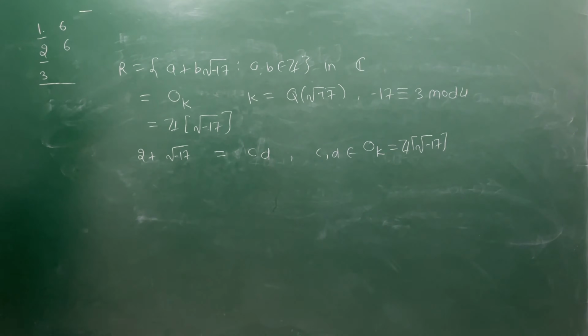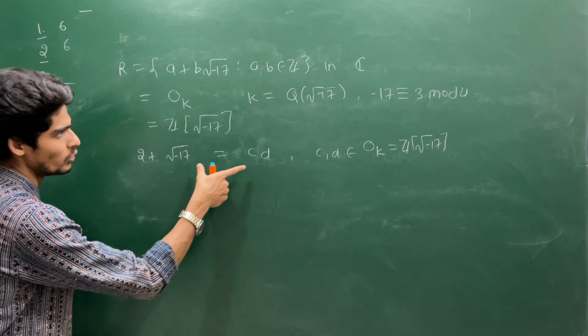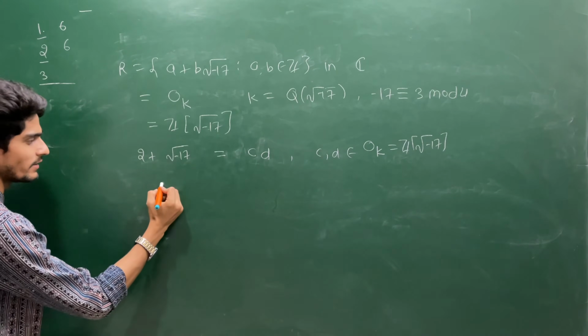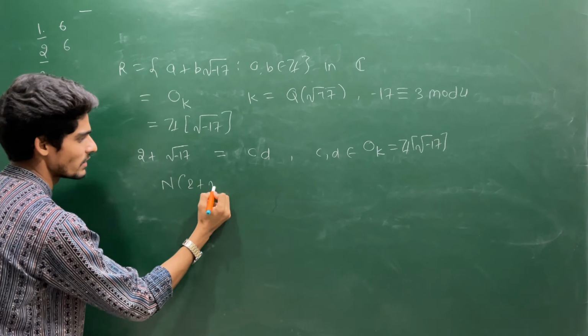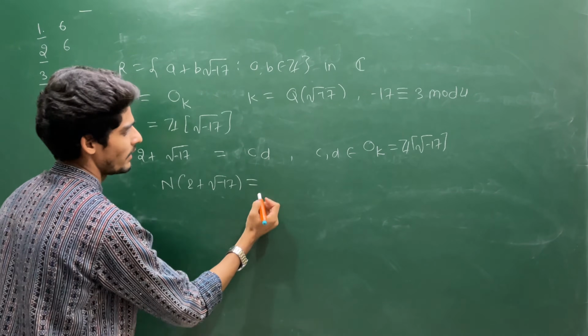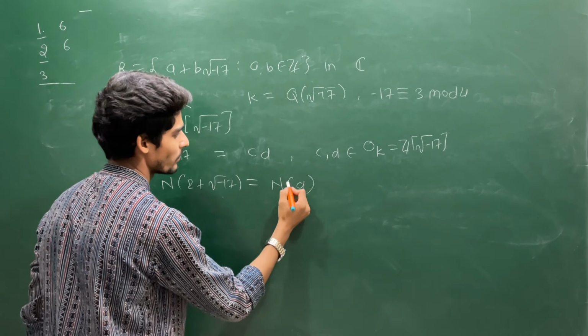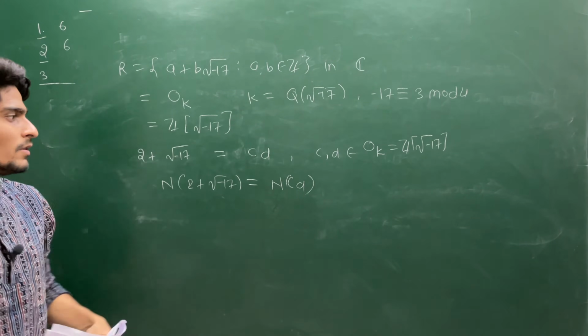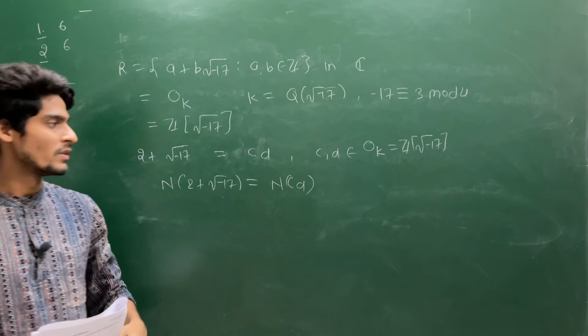Now, we can apply the norm on this. If I take the norm on both sides, I will have the norm of 2 plus square root of minus 17 equal to the norm of CD, but I know that the norm is a multiplicative function. This norm I have defined in the theory lecture on Euclidean domains.